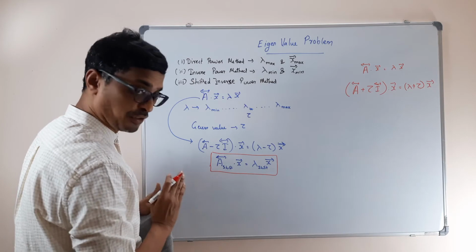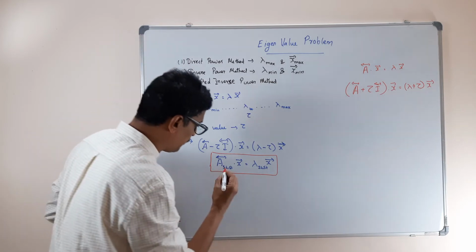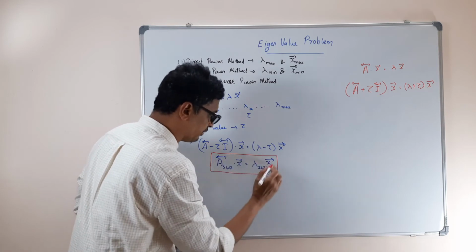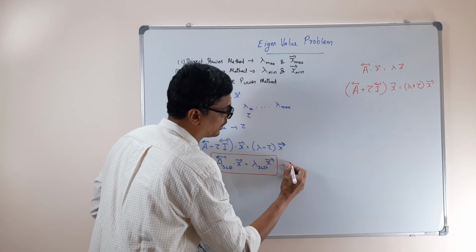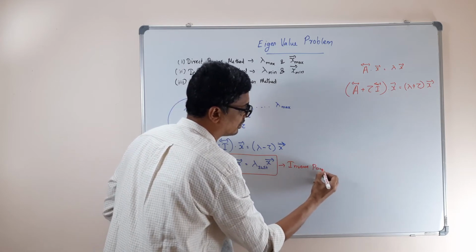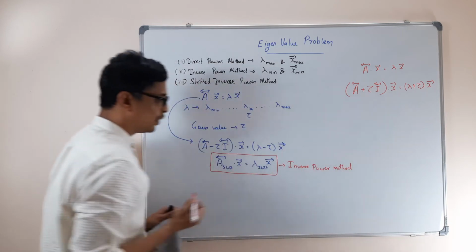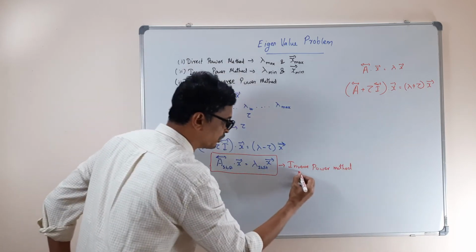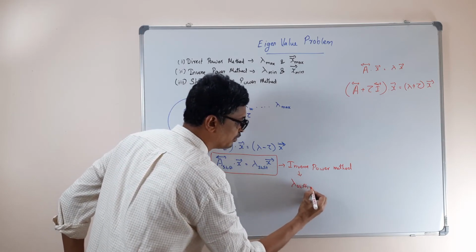Suppose this is again an eigenvalue problem, and I solve it by the inverse power method. It will give me λ shift minimum.